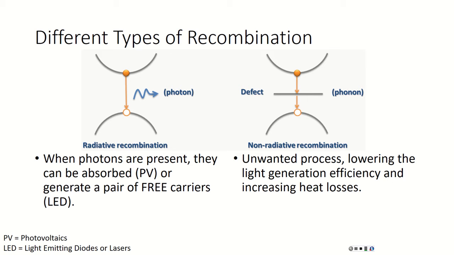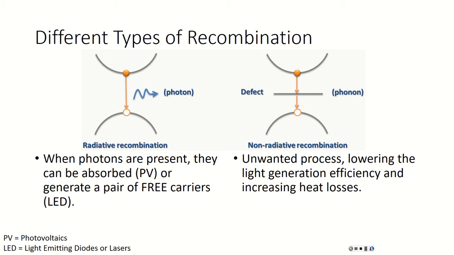But why is photovoltaics in the parentheses? You want to absorb that energy for photovoltaics, and then in LEDs you want free carriers. Yes, you want to emit light in an LED.